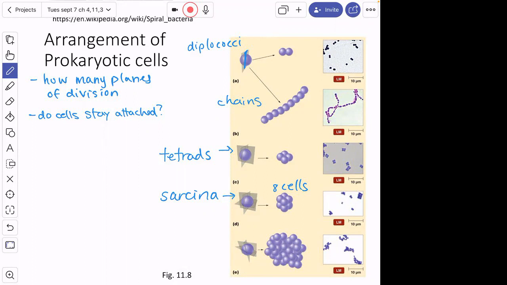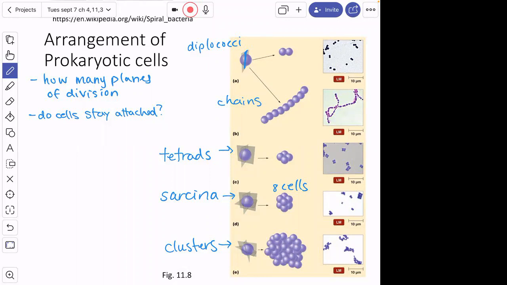You don't have the right angle on it sometimes. And then some cells will divide in any number of different planes and all stay stuck together. We just call those clusters. Oftentimes they're referred to as grape-like clusters. So there's a little terminology that you should become comfortable with in describing the cells that we see, both their shape, their morphology, and how they tend to arrange.